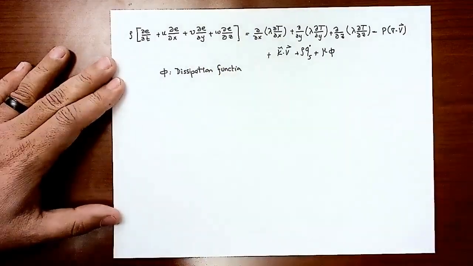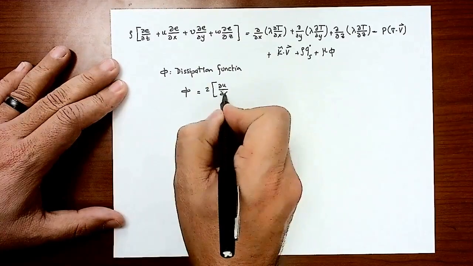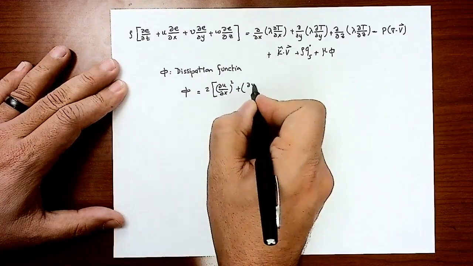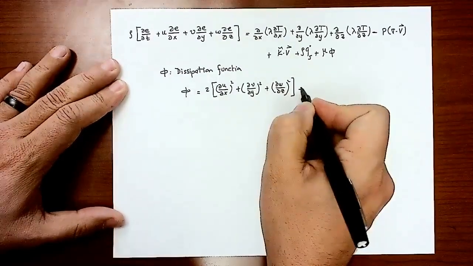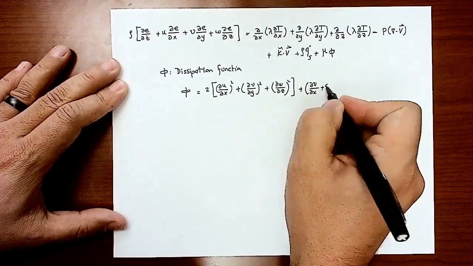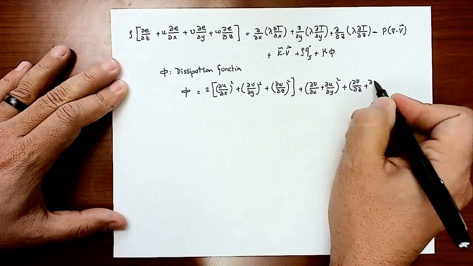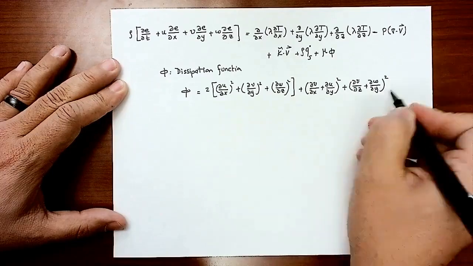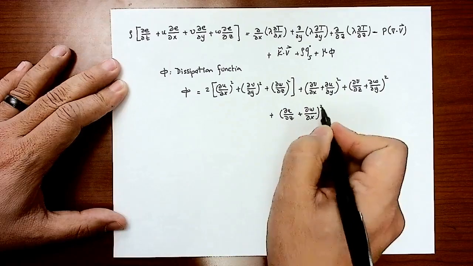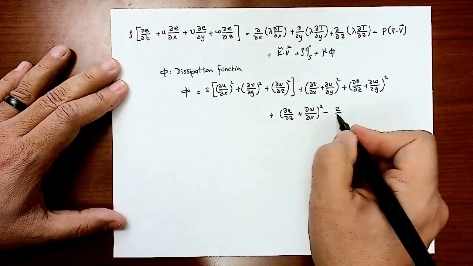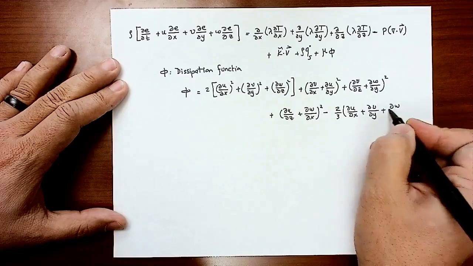And phi will collect all these stress terms. So you'll find that phi is equal to 2 times [(partial u by partial x) squared plus (partial v by partial y) squared plus (partial w by partial z) squared] plus (partial v by partial x plus partial u by partial y) squared plus (partial v by partial z plus partial w by partial y) squared plus (partial u by partial z plus partial w by partial x) squared, then minus 2/3 of (partial u by partial x plus partial v by partial y plus partial w by partial z).